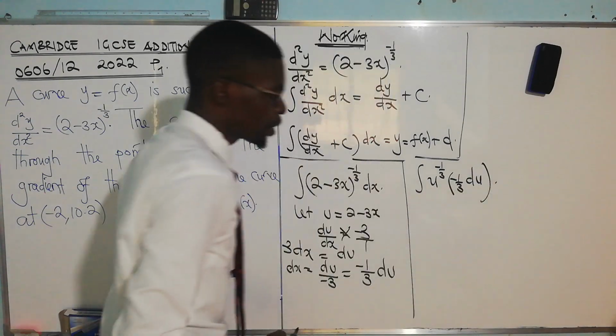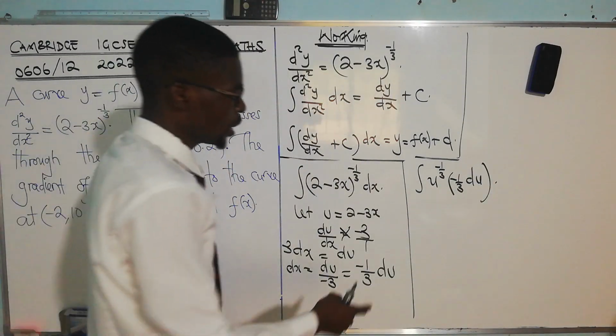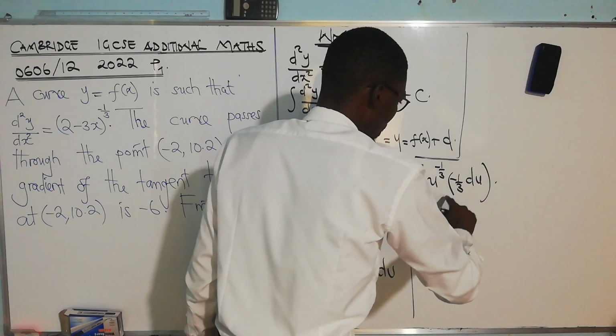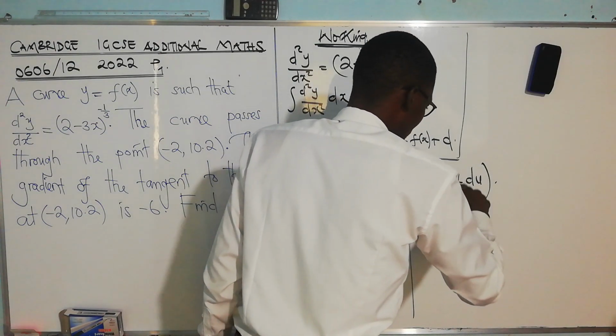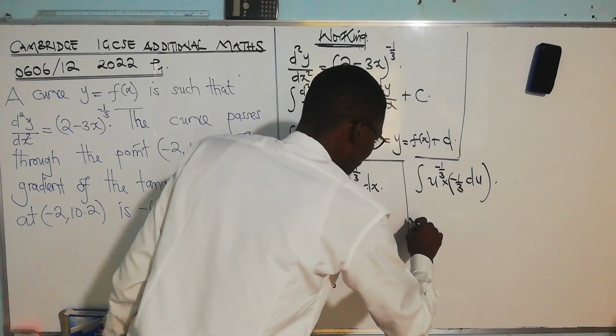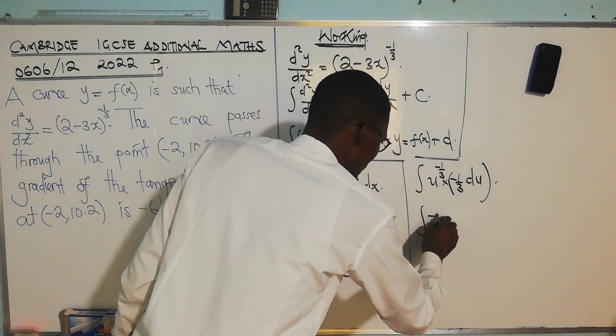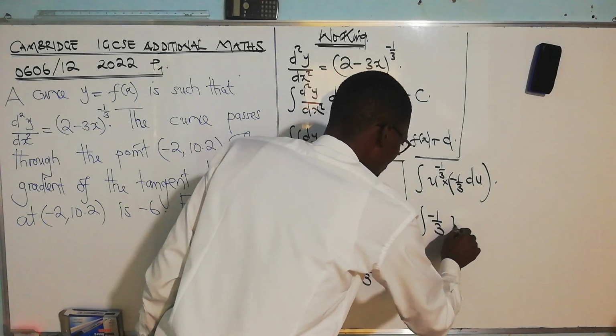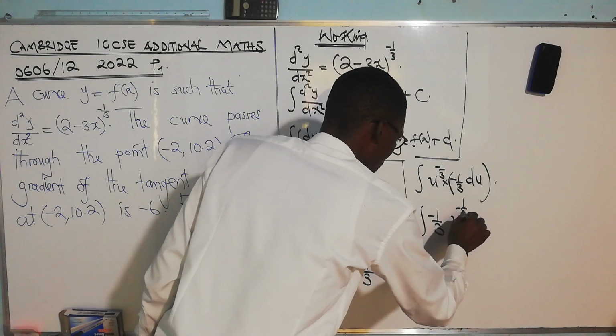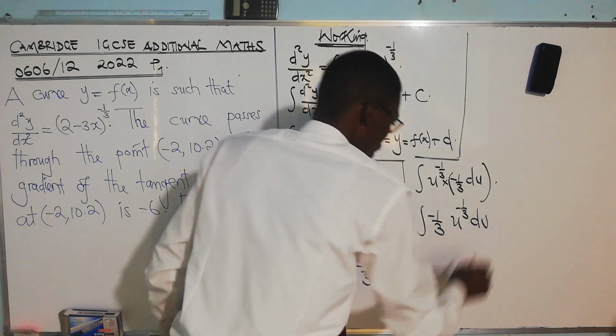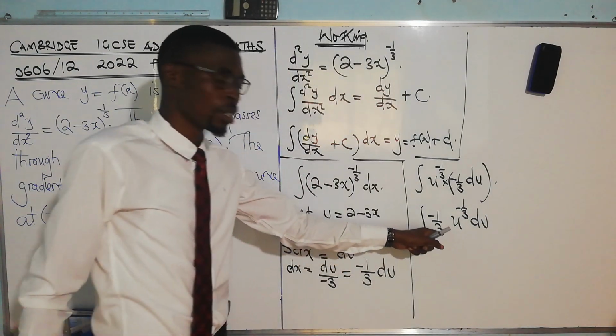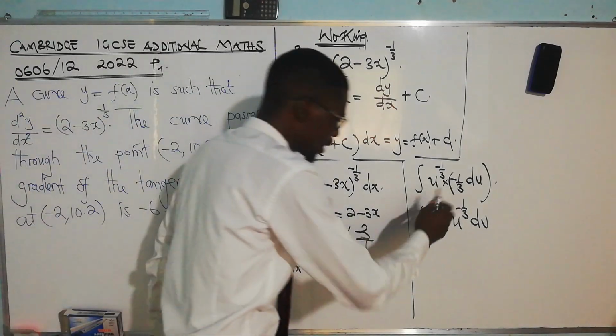Now, negative 1 over 3 is a constant, okay? So you are saying u to the power negative 1 over 3 times negative 1 over 3 times du. That is the same as the integral of negative 1 over 3 u to the power negative 1 over 3 du. I've just written it starting with negative 1 over 3.